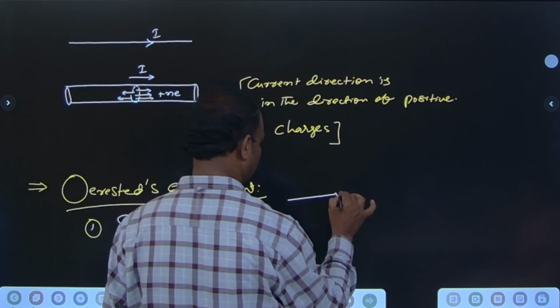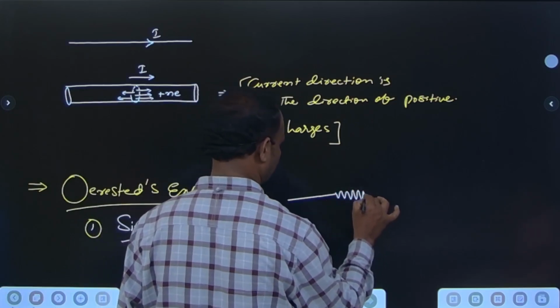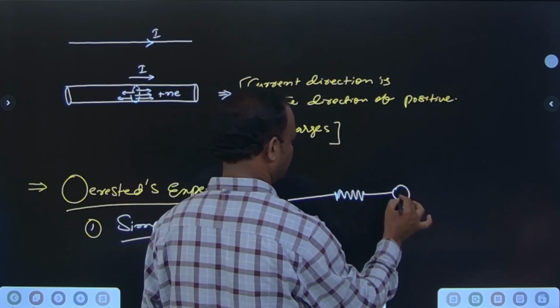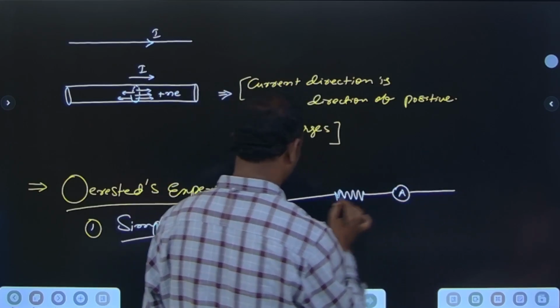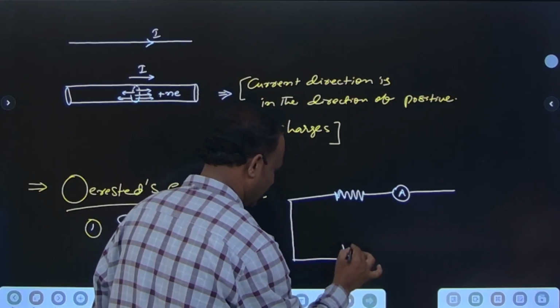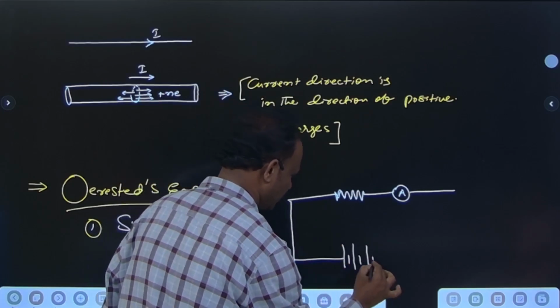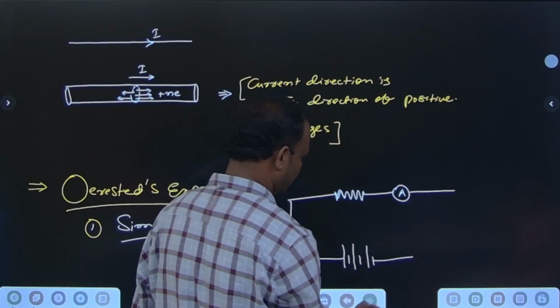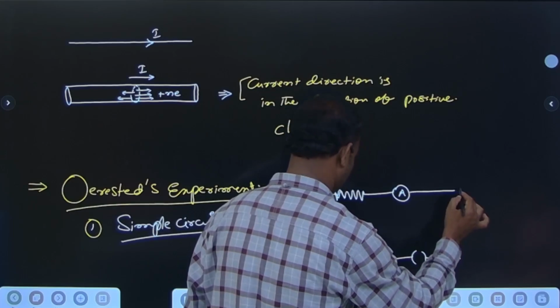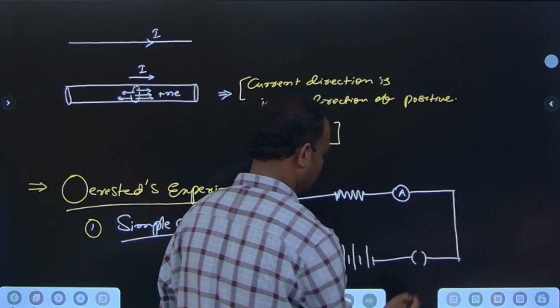It has a resistor, and an ammeter is connected. Next, this is a battery. After this, a key is connected. This is the key in the circuit.